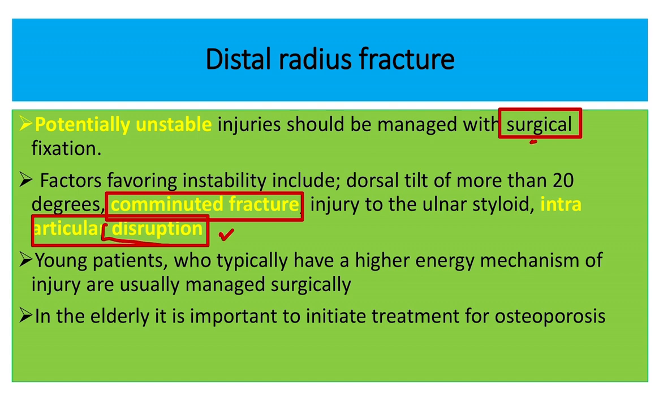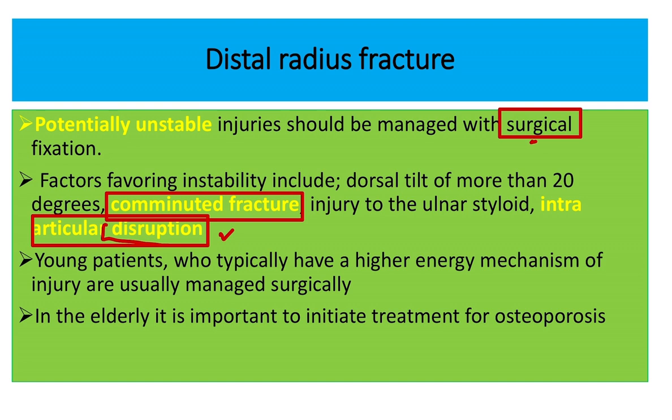Young patients who typically have higher energy mechanism injury are usually managed surgically. In young patients there is usually less chance of fracture, and a fracture occurs in the distal radius only by a high velocity force. When there is a high velocity force, usually multiple areas of the bone are fractured.